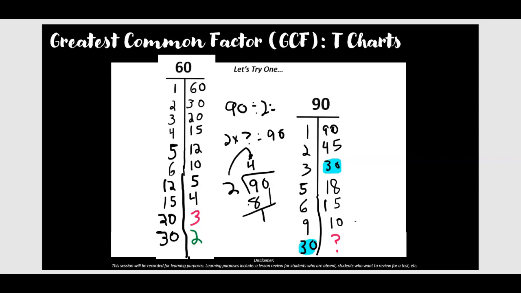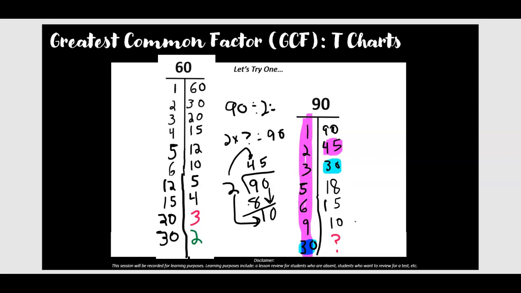Subtract. 1, bring down the 0. Aha, how many times does 2 go into 10? 5 times. So half of 90 is 45. And as you can see, we got the 45 here. But remember, it has to be on this side before we're done.